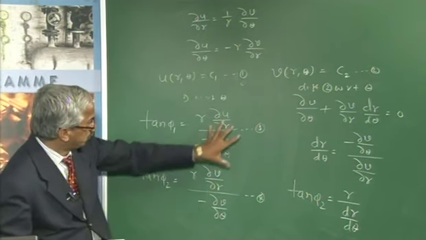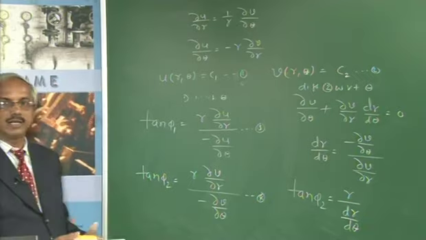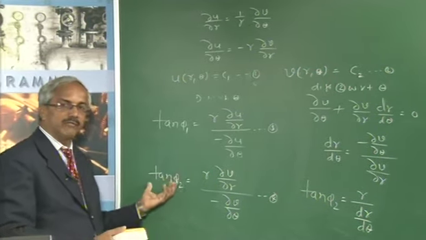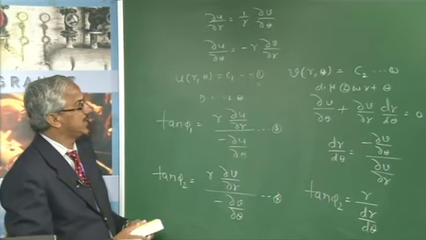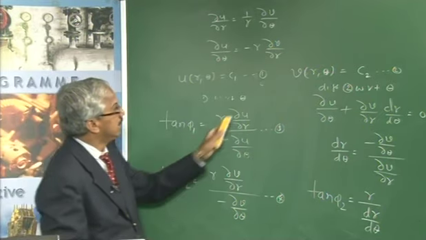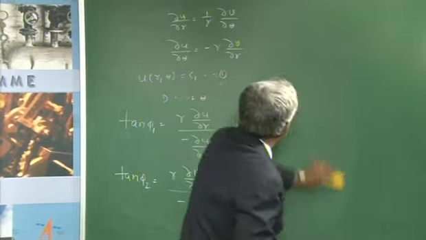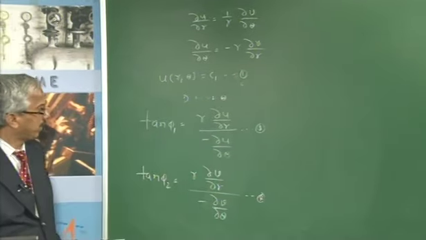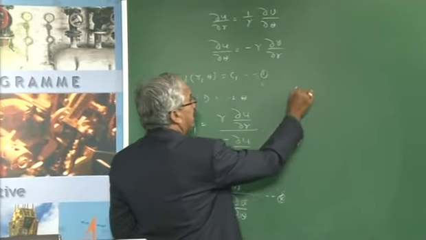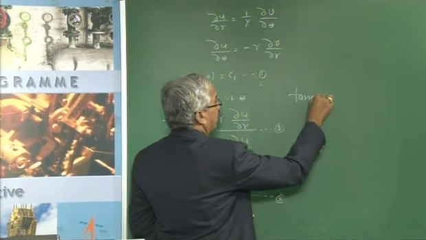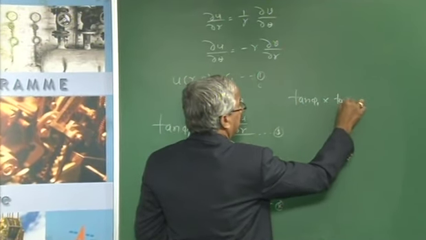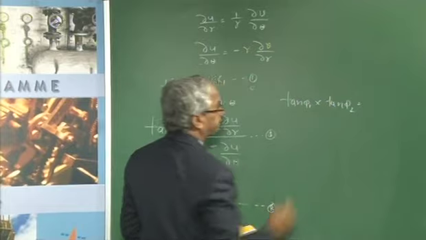Take this one as 5. Then from these two we get a relation: consider the product of tan phi 1 and tan phi 2, and see what result we get. So tan phi 1 into tan phi 2.